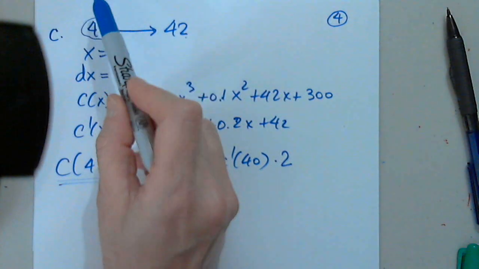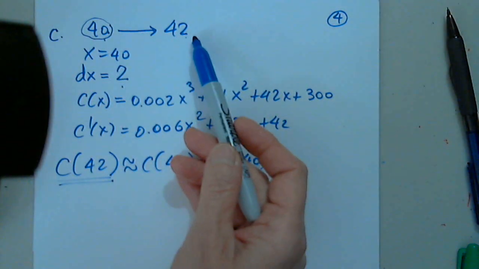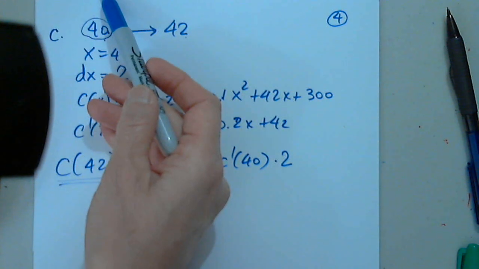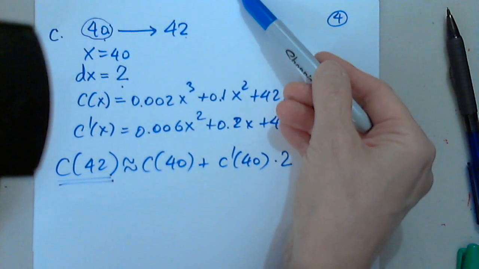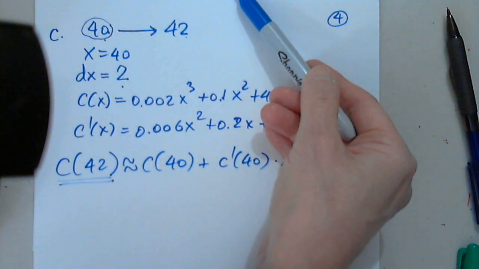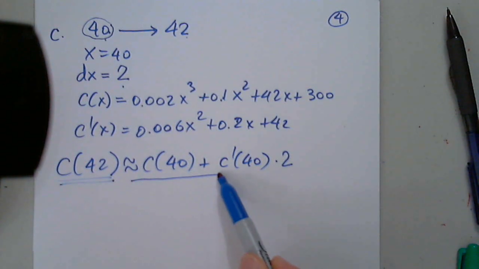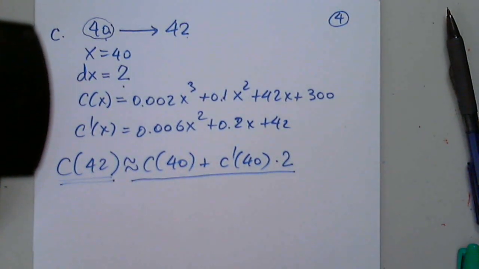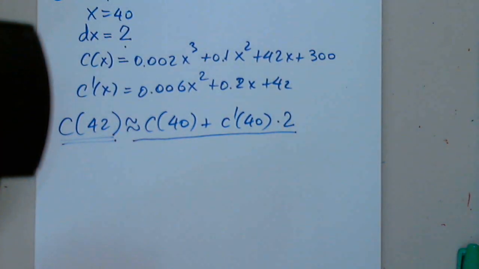All we have to identify is delta x, which is 2, because 40 plus 2 is 42. F of x is still f of 40. F prime of x is still f prime of 40. And now dx is 2. We calculate this, and we have the approximation of the cost if we want to manufacture 42 units per day.